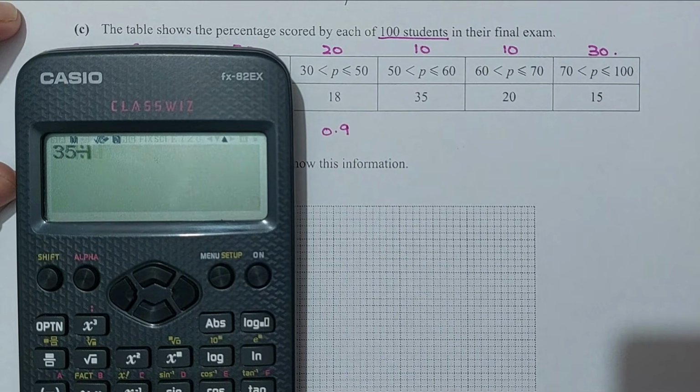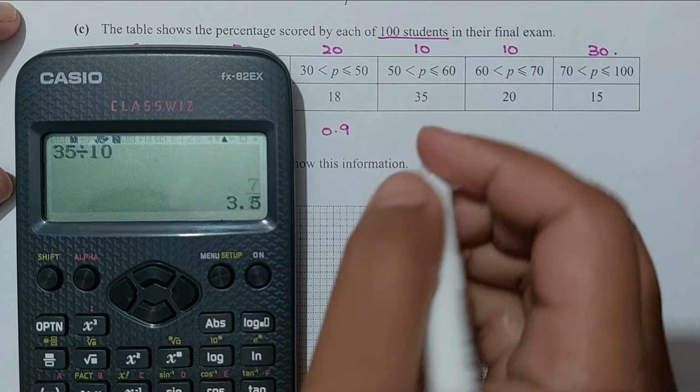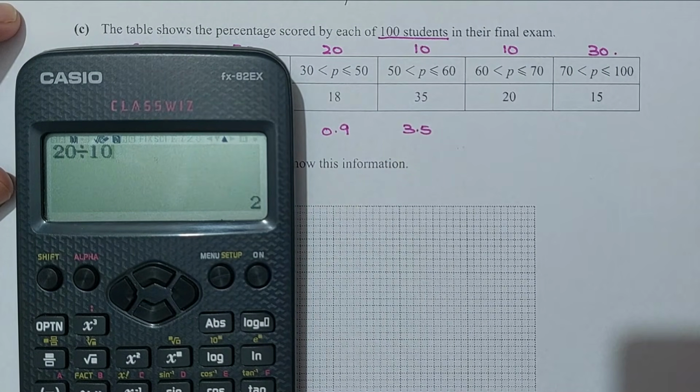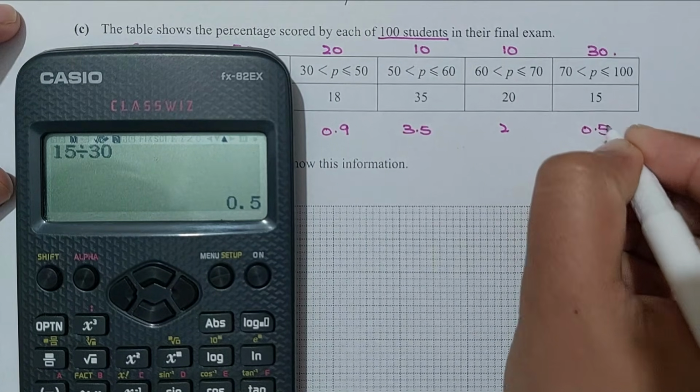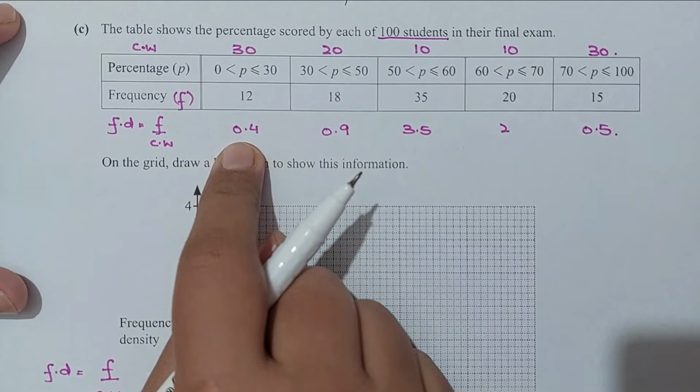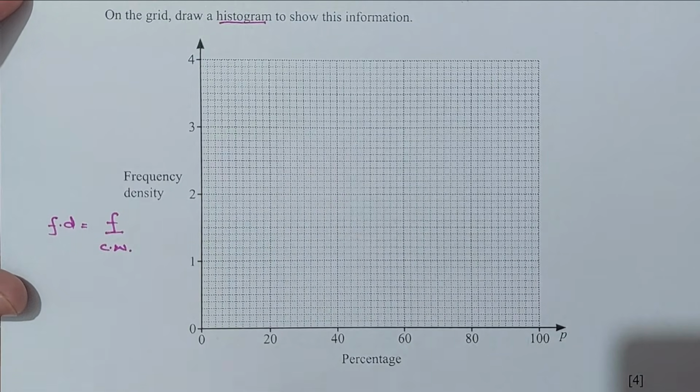And 35 over 10 is 3.5, and 20 over 10 is 2, and 15 over 30 is 0.5. Now we have the frequency densities.